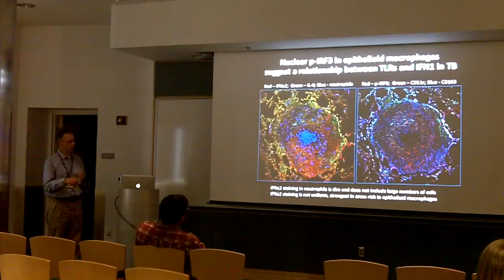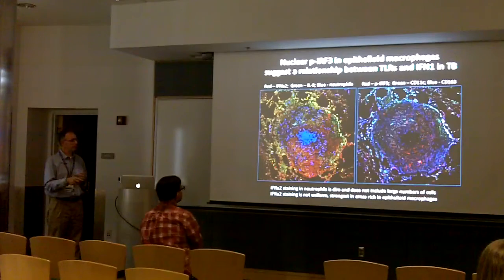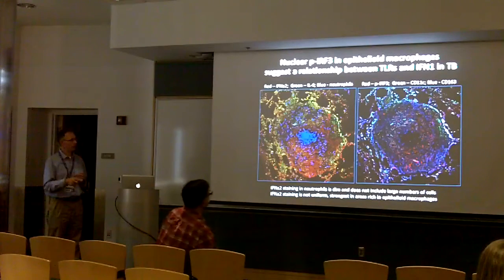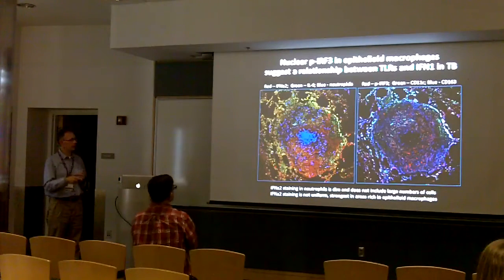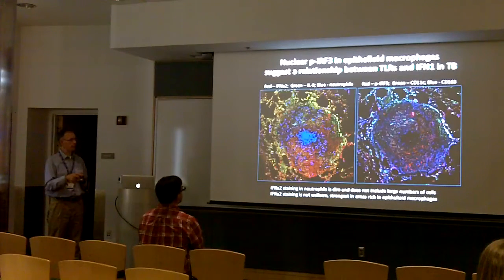And if you look at a serial section from the same granuloma and stain for phosphorylated IRF3, what you can see is that this epithelioid macrophage population that's positive for interferon alpha is also positive for phospho-IRF3. You'll also note that there are cells out here. These blue cells are alveolar macrophages. And so alveolar macrophages are also positive for phospho-IRF3.